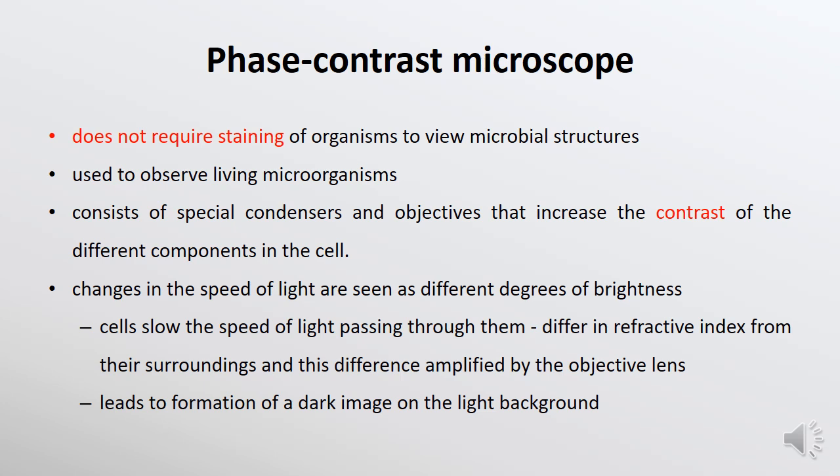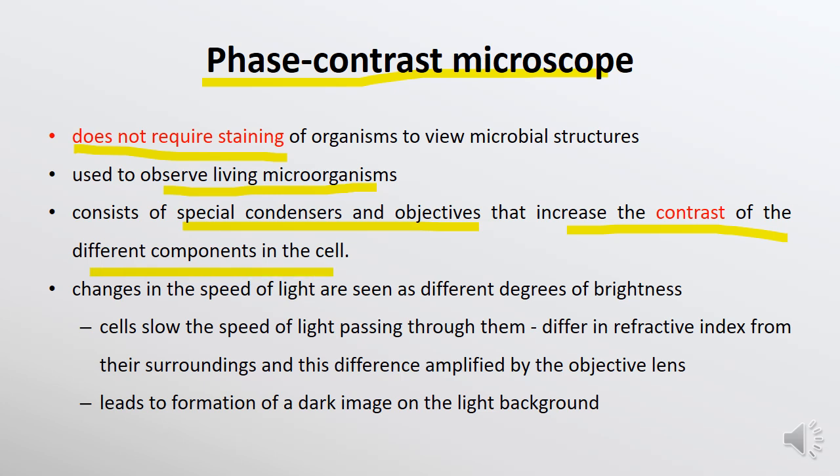So the last light microscope is the phase contrast microscope. The phase contrast microscope does not require staining of microorganisms, and can also be used to view living microorganisms. It usually consists of a special condenser and objective lens, which help to increase the contrast of the different components in the cell.